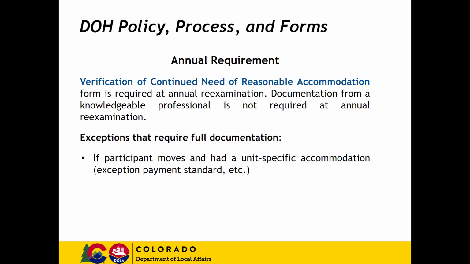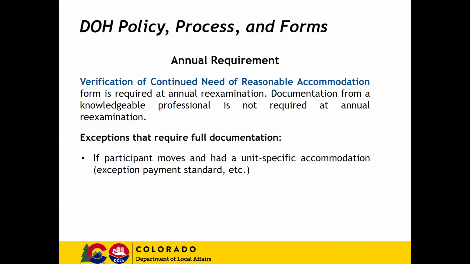We also know that disability doesn't often change. So if a participant needs an extra bedroom for a live-in aid this year, they're probably going to need it next year as well. What we don't want is an undue burden to our participants to have to go through that process every single year of getting all the documentation, having the doctor sign, the doctor's not there anymore.